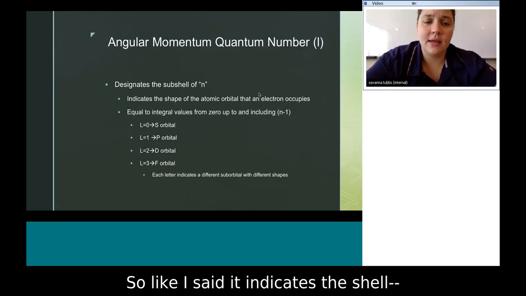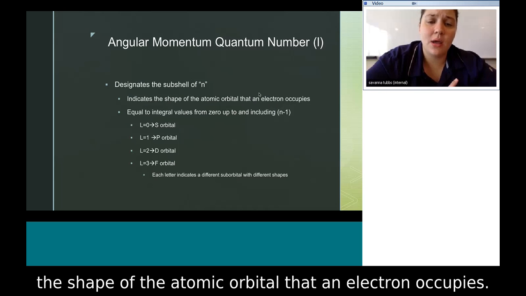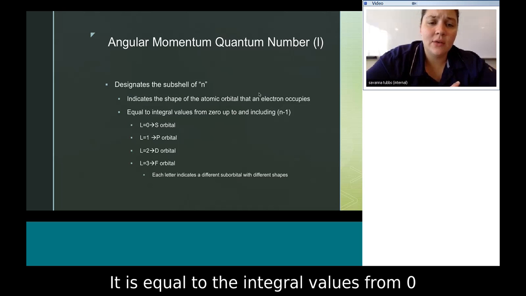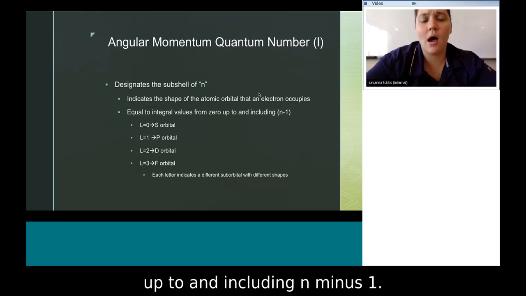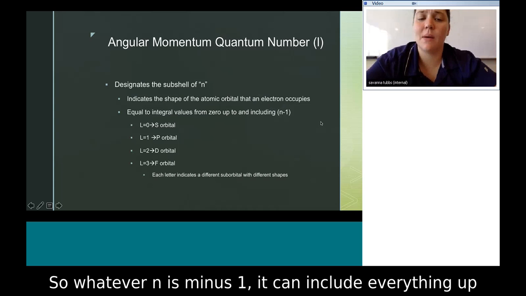It indicates the shape of the atomic orbital that an electron occupies. It is equal to the integral values from 0 up to and including n minus 1. So whatever our n is minus 1, it can include everything up to that point.